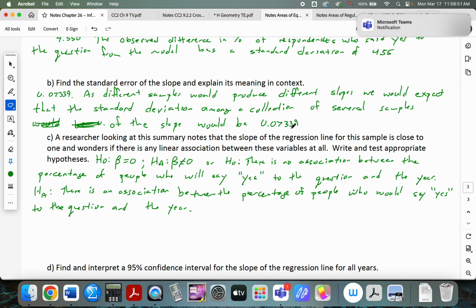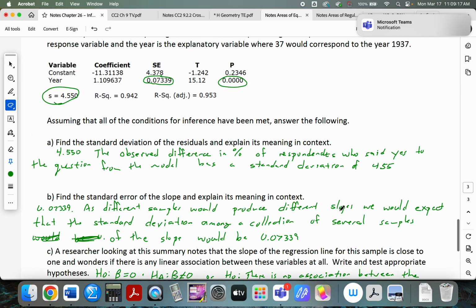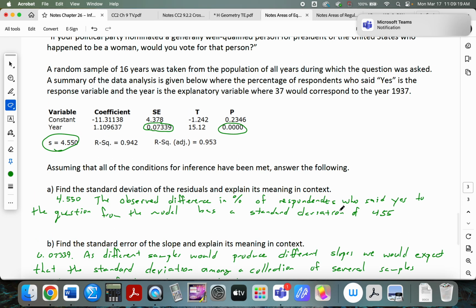So, using the student's t-model, anytime you use a student's t-model or a chi-squared model, you have to tell how many degrees of freedom it has. With this one, the degrees of freedom is always the number in your sample less 2.